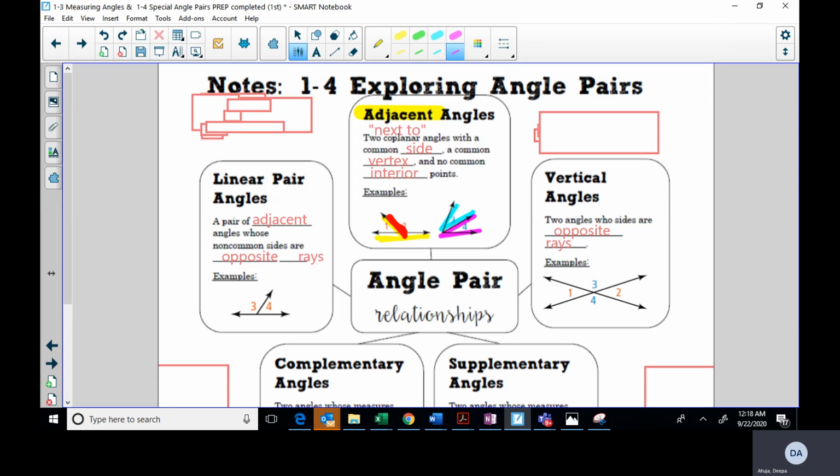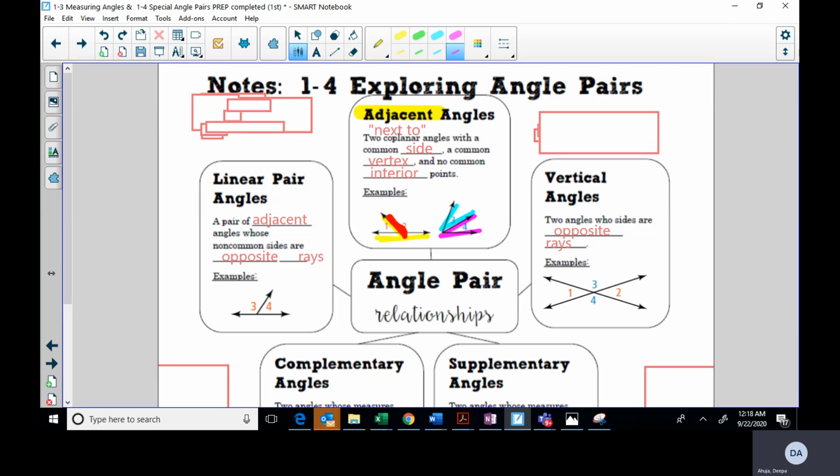To know which is the shared or common side, you can see where we have both the colors on any side of the angle. So the line which has both the blue and the purple color on it is the common side. So this is an example of adjacent angles. The angles which have one common side and one common vertex are called adjacent angles.